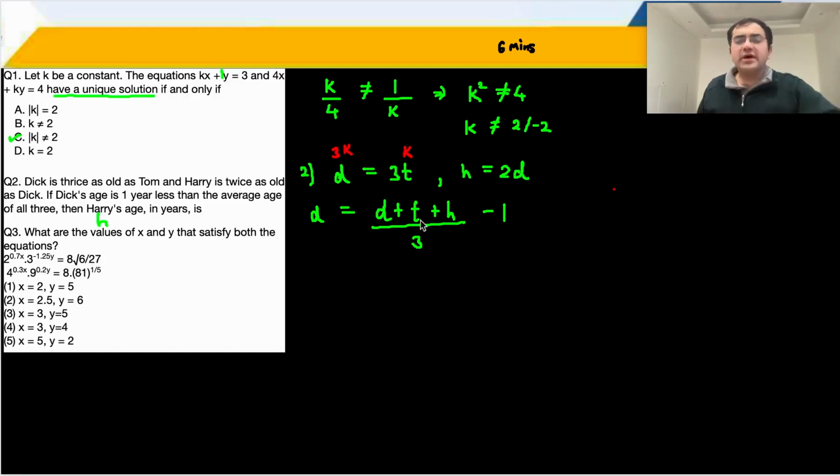What happens through this process is that fraction calculation is avoided. Otherwise you will put T as D upon 3 and H as 2D, so fractional addition we can avoid very quickly. It becomes easy to do orally. Take the value of T as K. So D becomes 3K, and if D is 3K then H becomes 2D, I'm sorry, 6K.